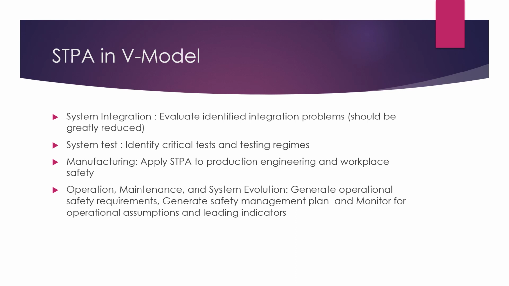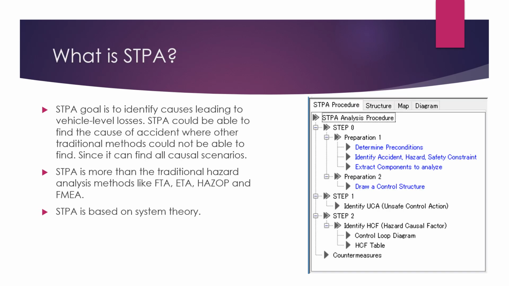Hope you got where all we can use this STPA. But STPA is very famous for hazard identification and safety analysis. The STPA goal is to identify causes leading to vehicle level losses or system level losses.